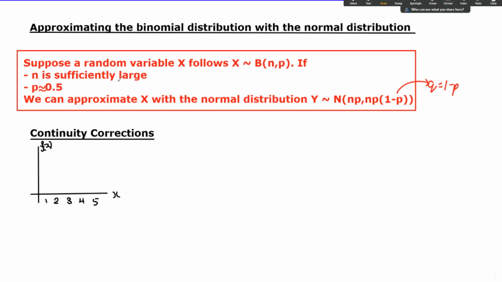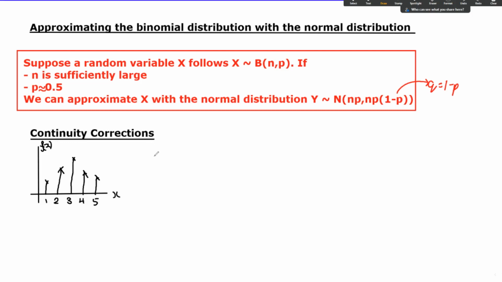But before we can do any examples on this, we need to learn what continuity corrections are. Continuity corrections arise when we go from discrete data to continuous data. With the binomial, for example, you only have probabilities at discrete values, so for example the integers.